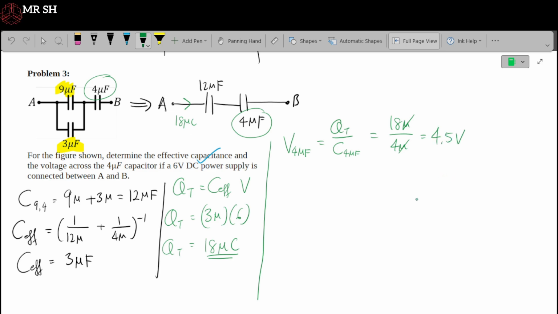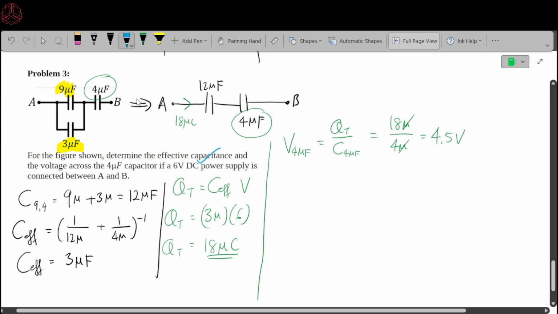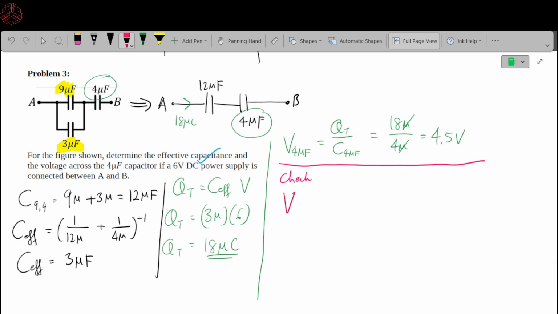Okay, now just to check, let me just change colors here. This is something I do just to check something, right? Let me just label that. This is a check. If I take the 12 microfarad and figure out the voltage across it, so QT over C of 12 microfarad, I'm left with 18 over 12 microfarad.